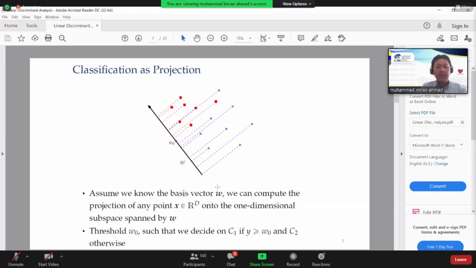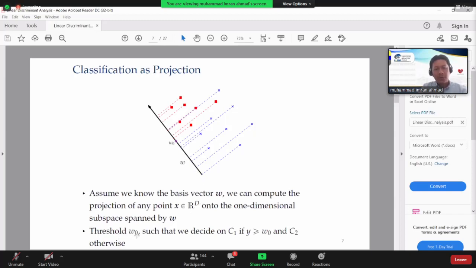If your basis vector or eigenvector is in this way, that means we project your original data X to this basis vector. So we project like this. That means this group will be blue, this group will be red. Assume we know the basis vector W, we can compute the projection of any point X in R^d onto the one-dimensional subspace spanned by W.